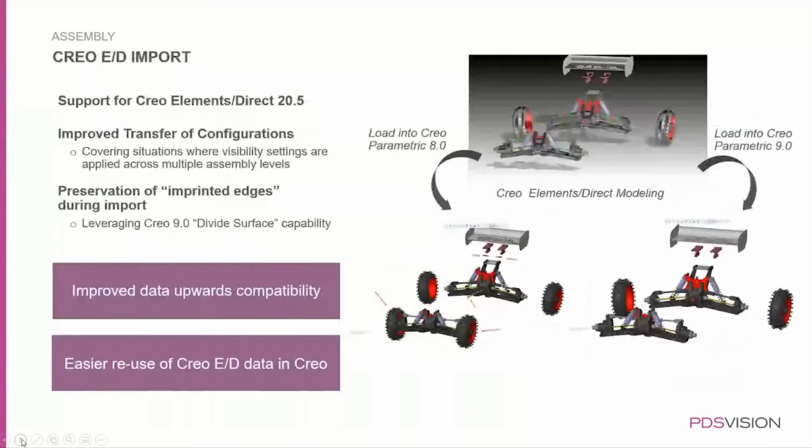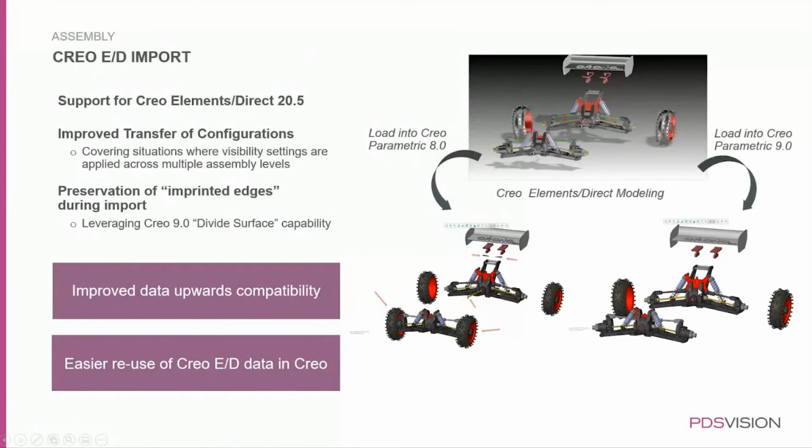And then one of the last slides I have today is that when it comes to Creo Elements Direct, what PTC is also providing, we have even better support for 20.5 of it. And we are now able to transfer the configurations in there. So if you look at the Creo Elements Direct model in here, you will see that at the front there are no wheels. Even if I load this one in Creo Parametric number 8, the front wheels are there, even though they shouldn't be.